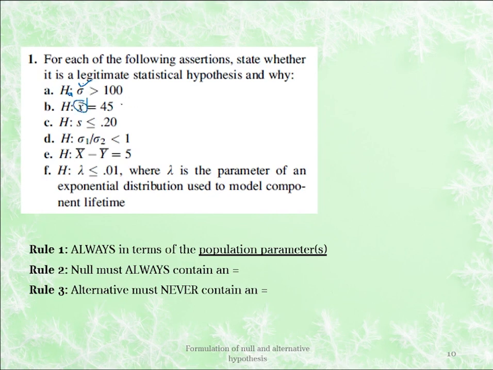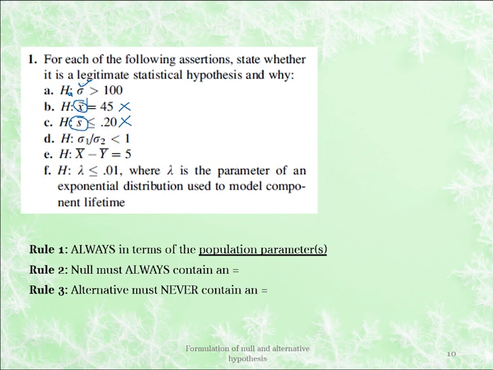And that means that this is not an acceptable hypothesis. It can't be the null, it can't be the alternative, because it's not dealing with a population parameter. This next one is, again, the sample standard deviation. So because it's a sample standard deviation, it's not an appropriate hypothesis. So you cannot do that.